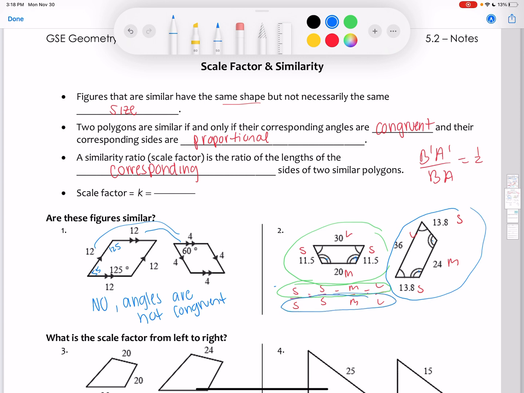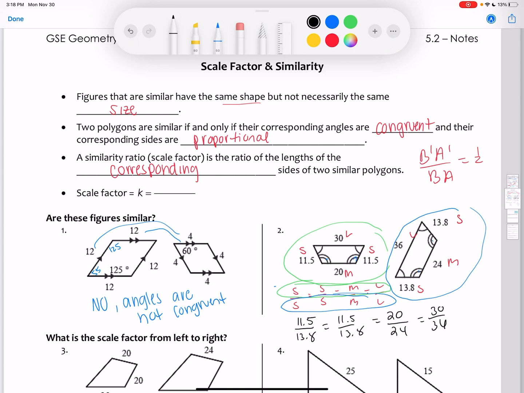I'm just going to fill in those spaces. So I've got small over small, 11.5 over 13.8, equals medium, 20 over 24, equals large, 30 over 36.